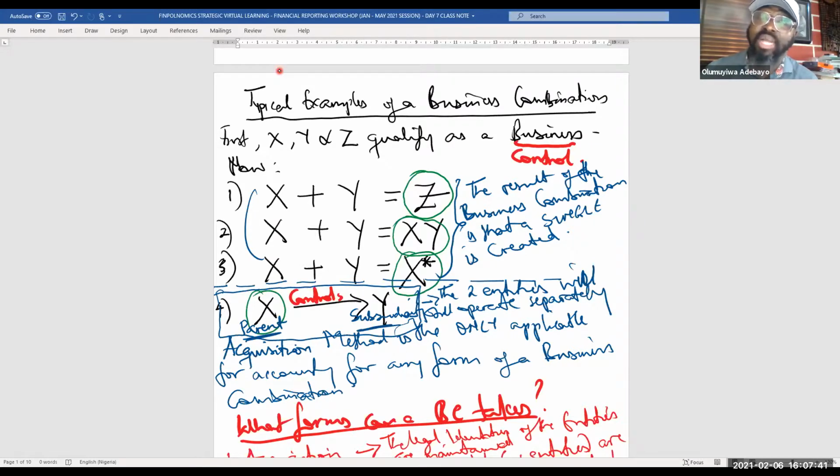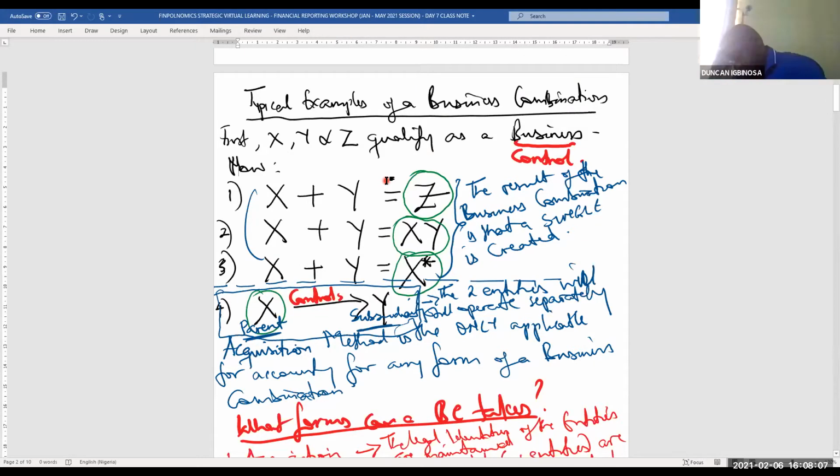And therefore, you are required to combine the two accounts, and such responsibility lies with the acquirer, which in this case is the parent. And that is what necessitated the preparation and presentation of group accounts. Does that make sense now?